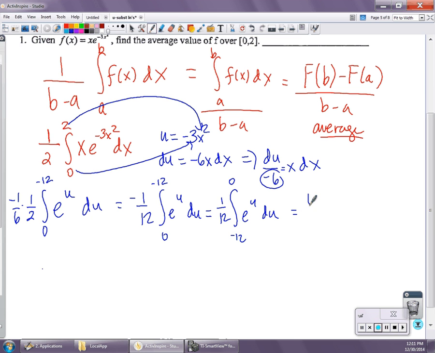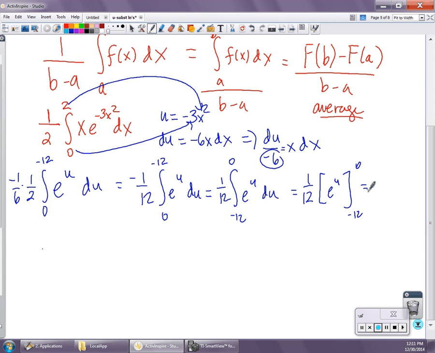So when I find the antiderivative of e to the u, I get e to the u evaluated from negative 12 to 0, which is 1/12 of e to the 0 upper bound minus e to the negative 12 lower bound. E to the 0, oops, see, I already dropped a 1. E to the 0 is 1 minus 1 over e to the 12th.